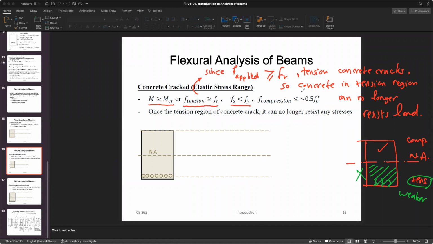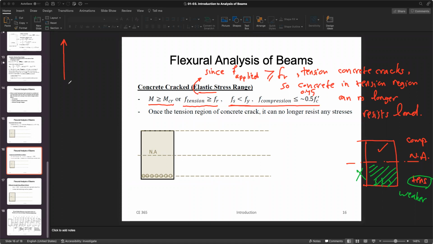What was the number, if you remember? It was like 0.45 f'c for our WSD design, because we want to make sure that we are in the elastic region. So do not forget these two conditions. Why are these two conditions important? Because they tell you that we are not reaching the yield point yet.